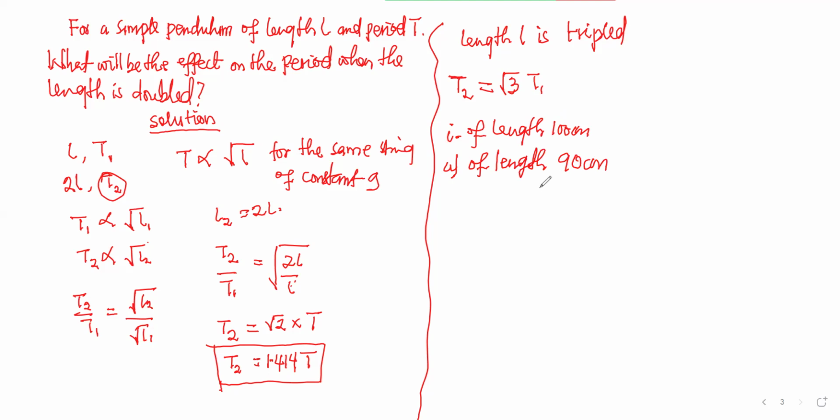Take gravity, acceleration due to gravity, to be 9.8 meter per second squared.